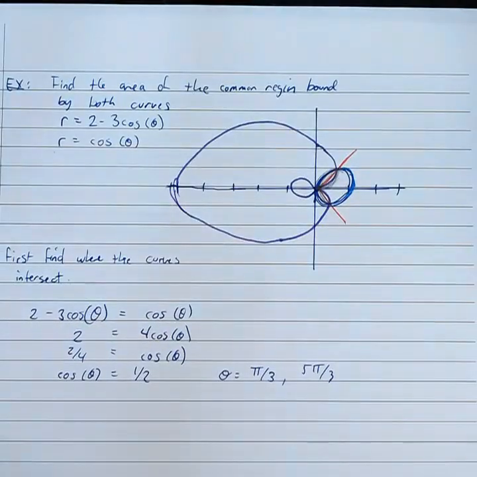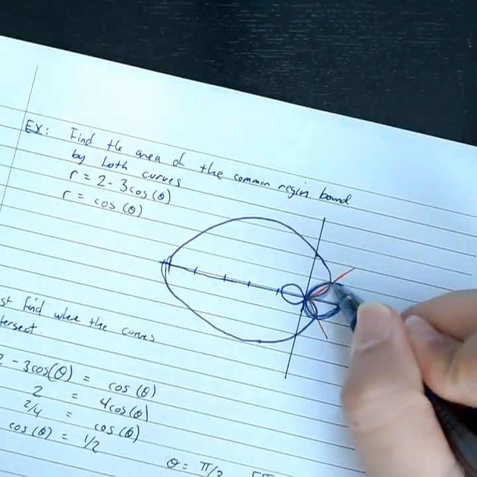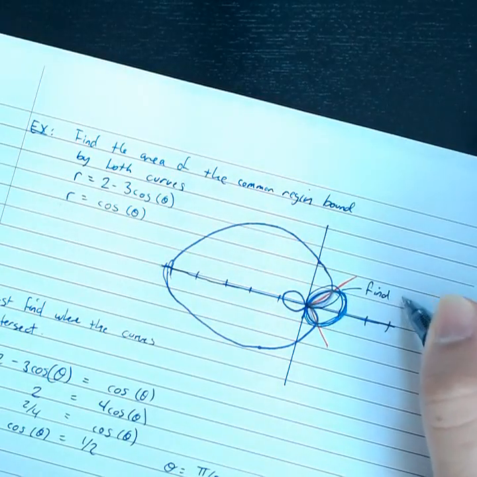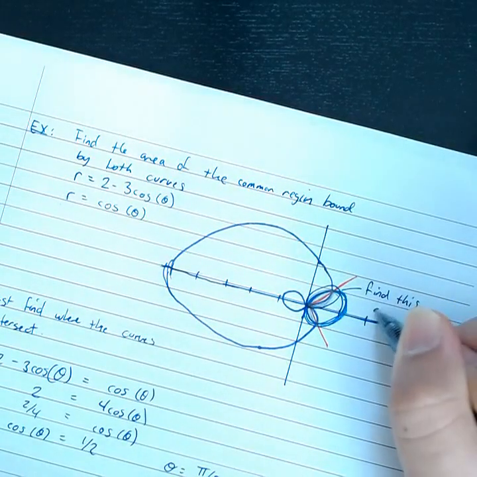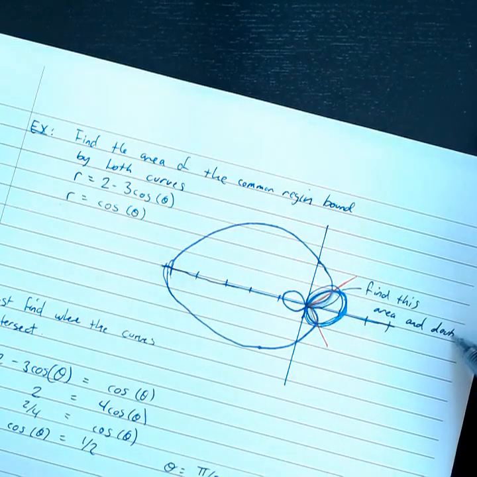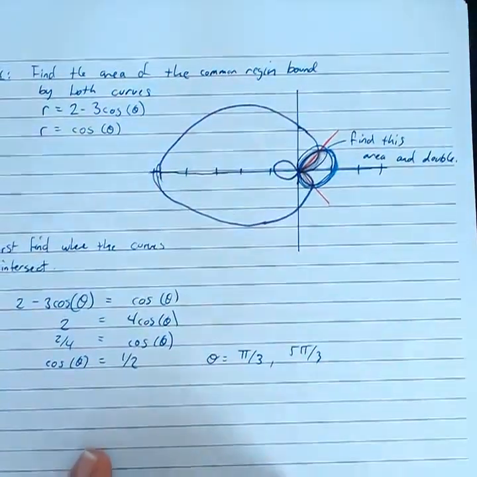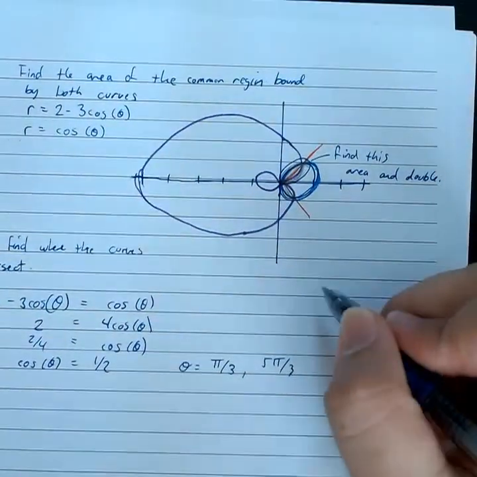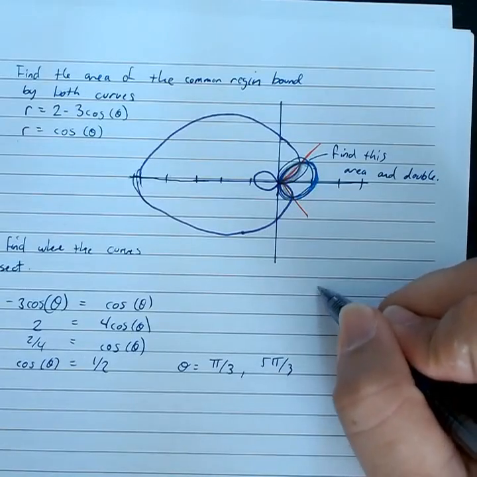So let's go ahead and do that. We're going to find the area of just this part. Find this area and double. Okay, so let's find that area. I'm going to go ahead and take that illustration and zoom in just a little bit. So it would be something like this.